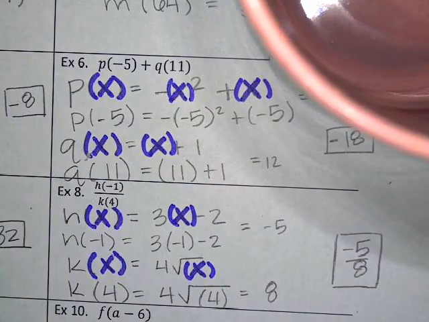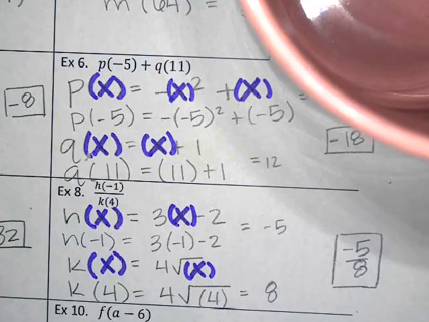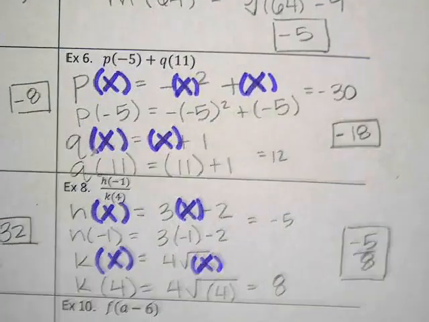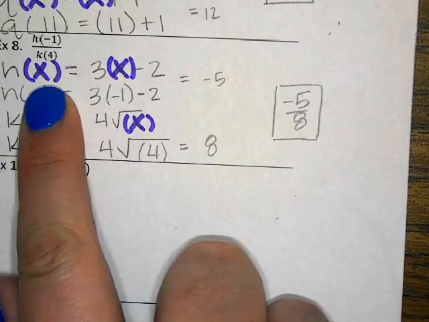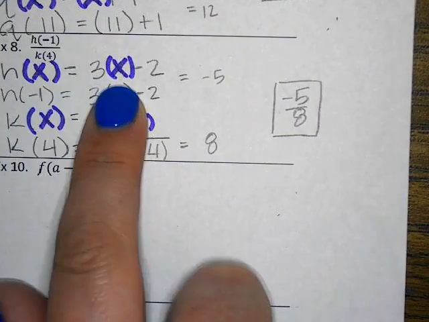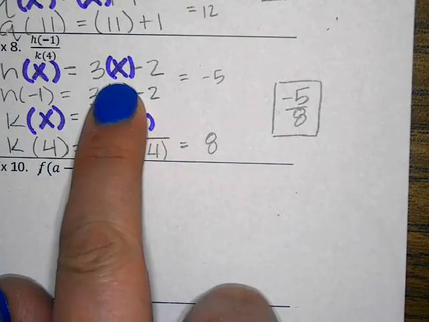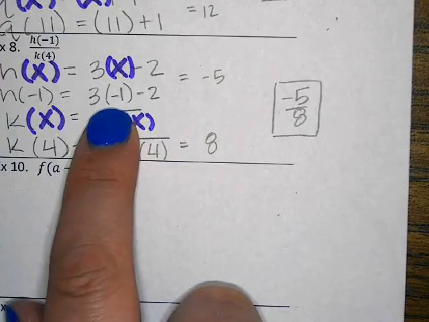Okay, so we should have had, let's see, for h of x, if you plug in negative 1, you get 3 times negative 1 minus 2. h of x is 3x minus 2.